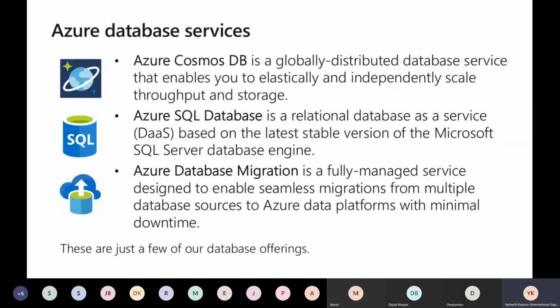In the VM, you can control the storage, you can control the operating system, then you install the SQL. It's up to you how many instances you create. It's totally up to you, right? In the case of Azure SQL, you are just given one SQL instance and you use that for your application.